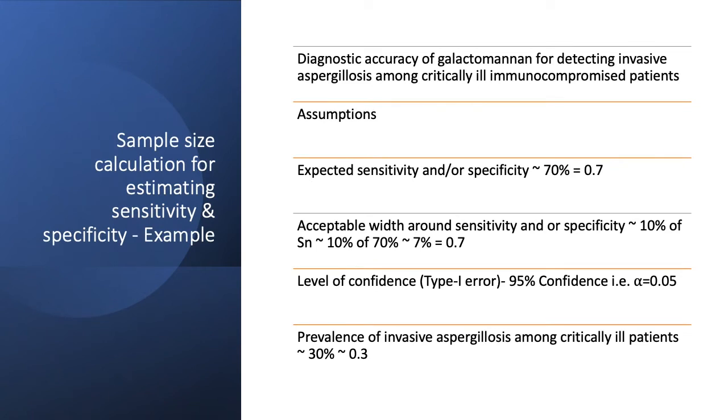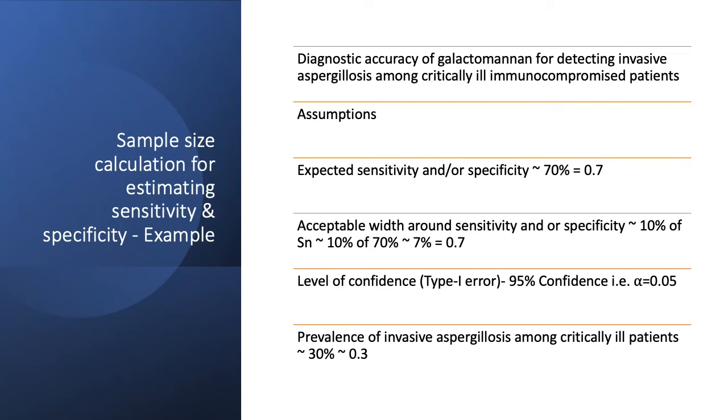Now I will show you sample size calculation for estimating diagnostic accuracy of galactomannan for detecting invasive aspergillosis among critically ill immunocompromised patients. Our assumptions are, we assume that it will be at least 70% sensitive and, let us say, equally specific.